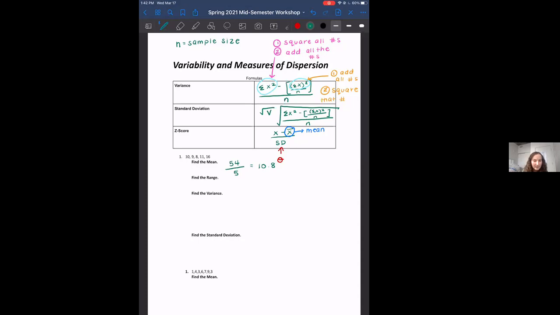All right, so moving on. So let's do the range now. This one's going to be another poll. So go ahead and do the range and then select what you get.